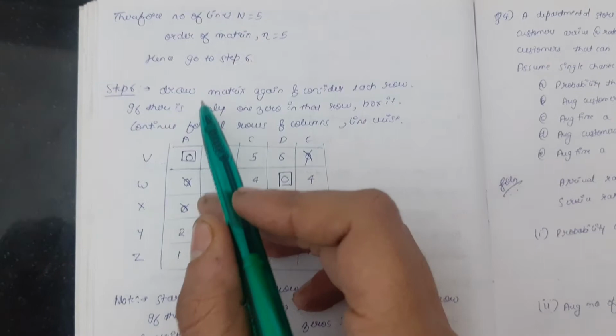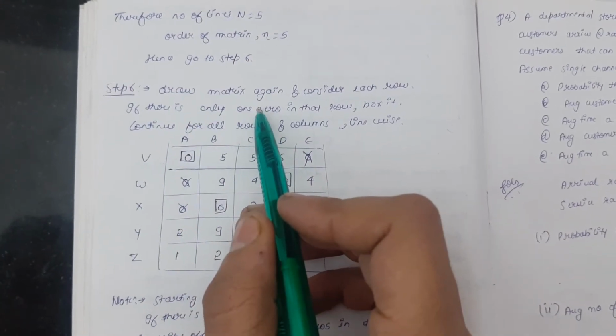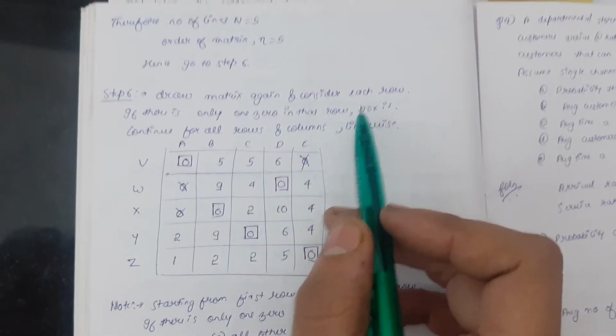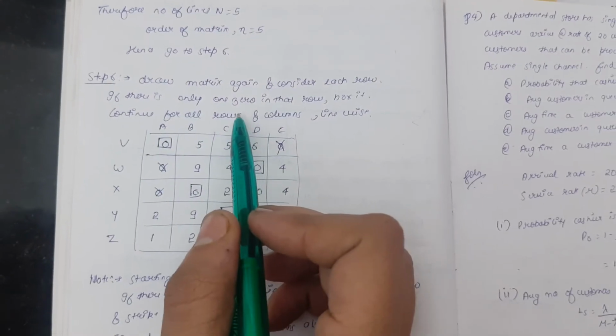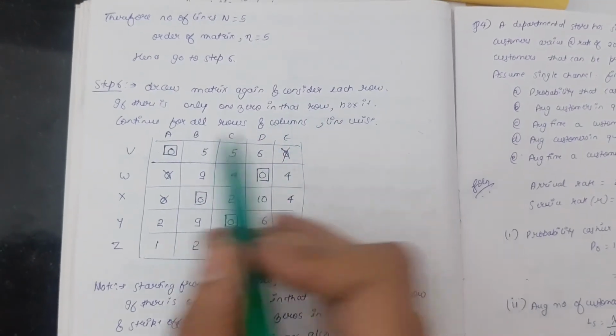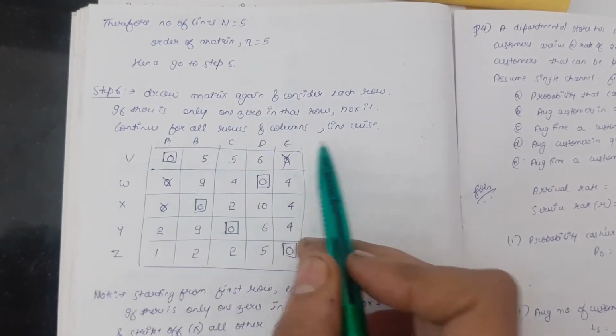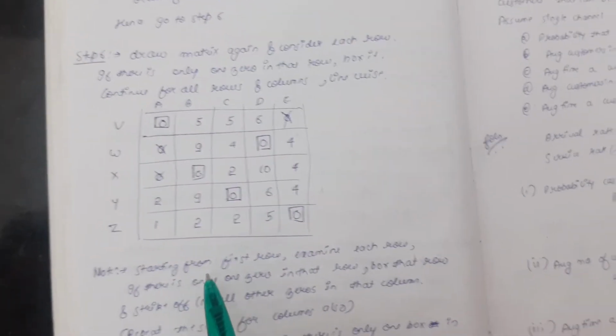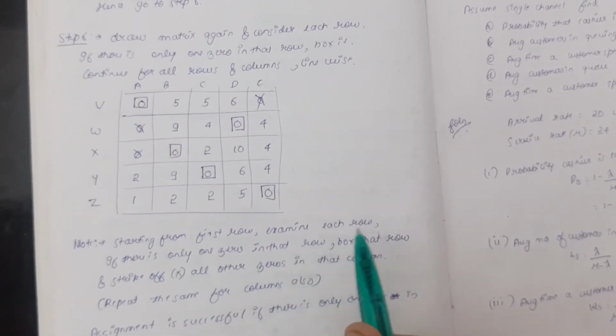In step number 6, we draw the matrix again and consider each row, and if that row has only one zero in it, then we box it. Continue for all the rows and columns. Starting from the first row, we examine each row.